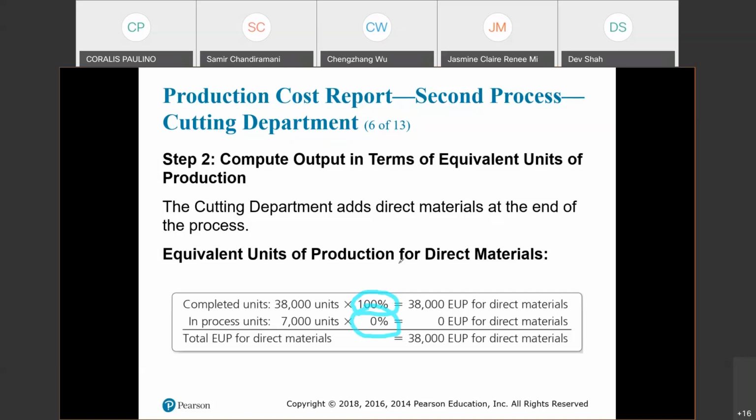Why do we times only 0 in the subsequent department? Well, as I said, we times 0 because direct materials were added at the end of the period. That's the reason why we times 0. Okay, this is direct materials.